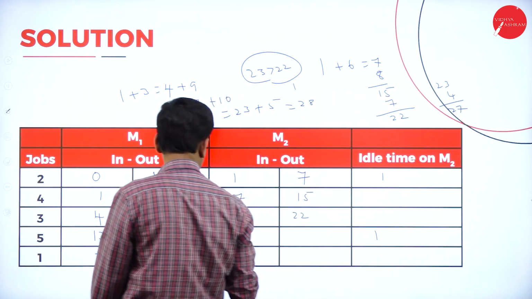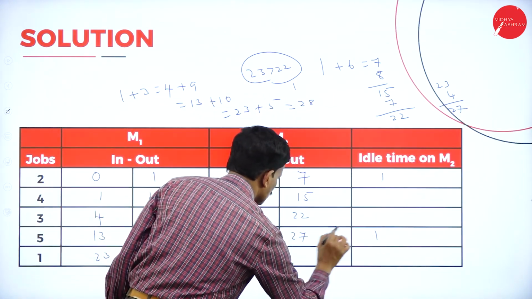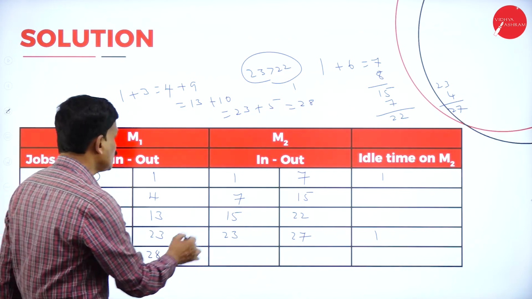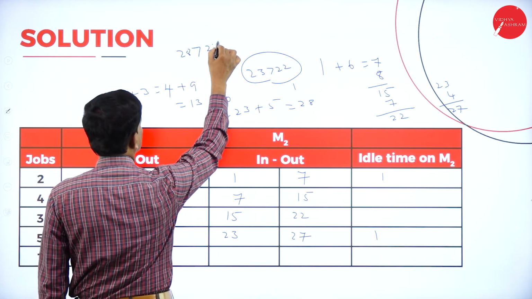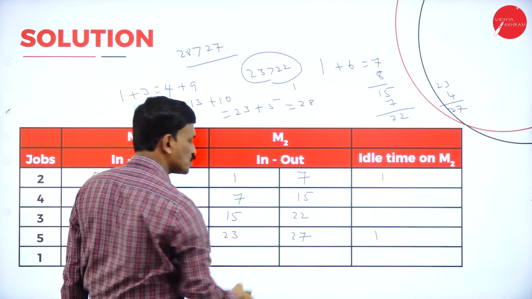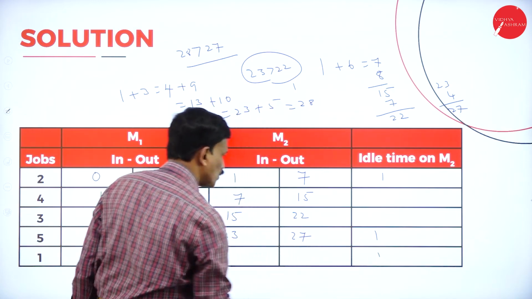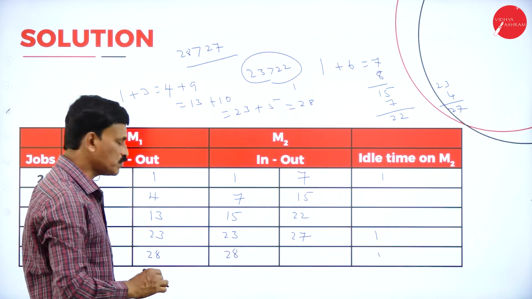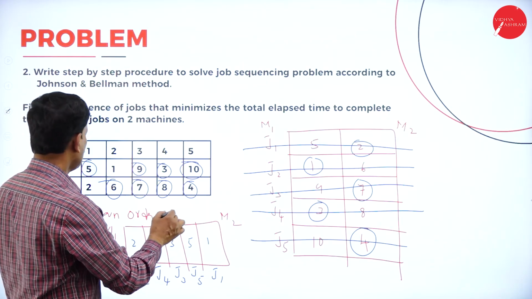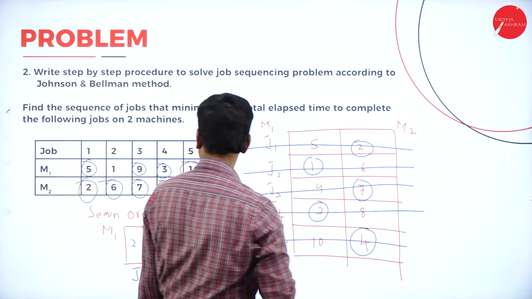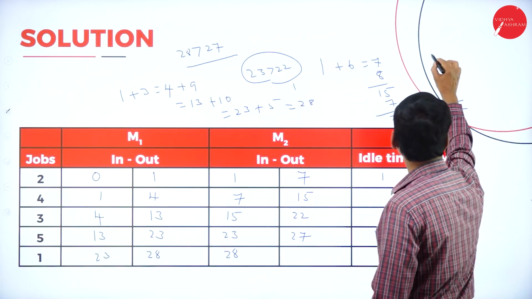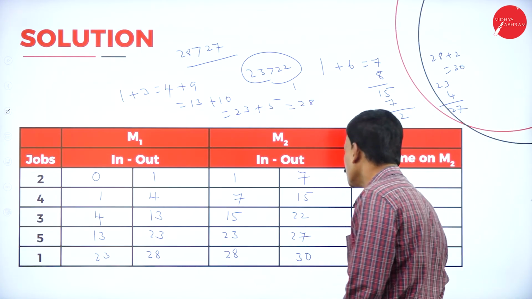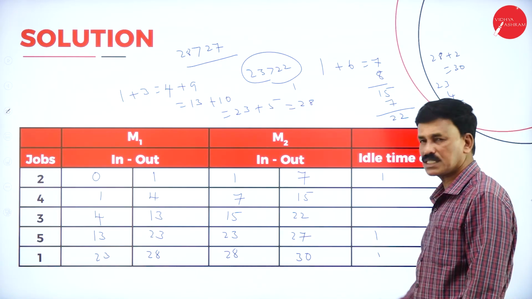So, you will get 27 hours here. Okay. Again, if you compare this 28 and 27, here 28 is greater than 27. That means this machine has to wait for 1 more hour. 1 more hour. So 27 plus 1 is 28. So then corresponding to J1, what is the value we have? We have 2 hours. So add 2 hours for this. 28 plus 2, that's equal to 30. This is the 30. So the total time is 30 here.